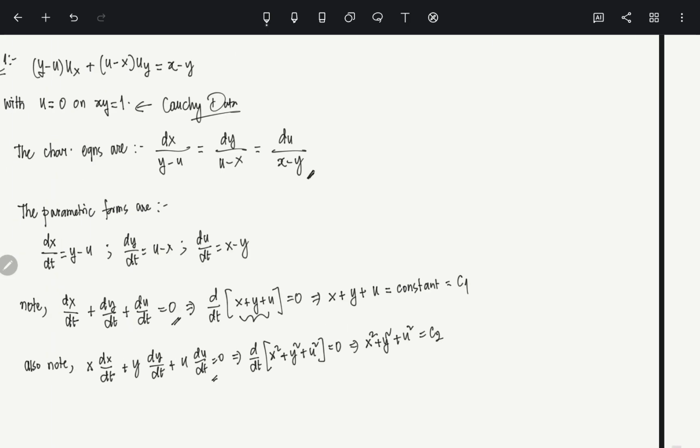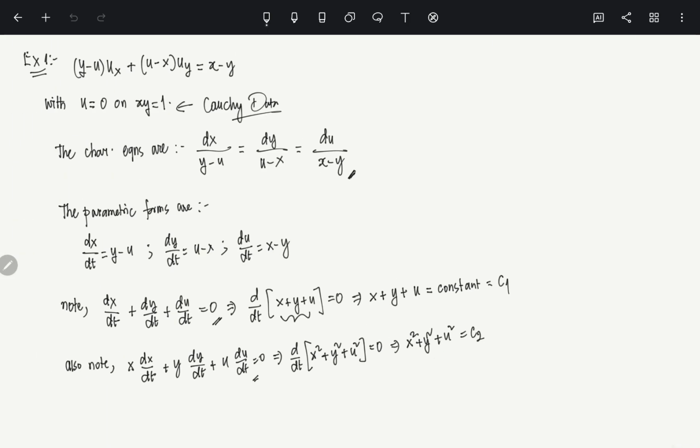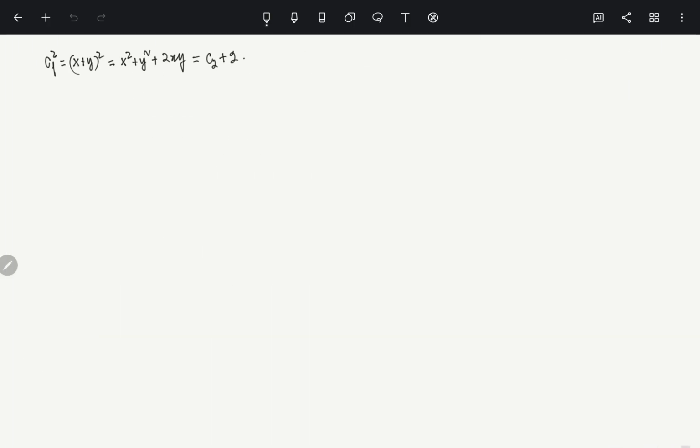Clear? The data is u equals 0 on xy equals 1. So basically if we put xy equals 1 here, then u is going to be 0.